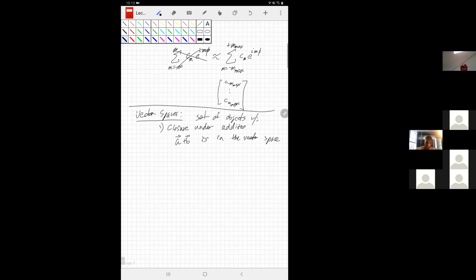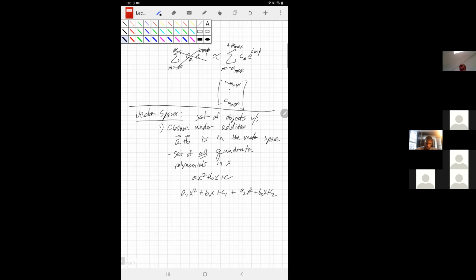And addition, now this is a little bit subtle. If I look at, say, the set of all quadratic polynomials in x, so ax squared plus bx plus c, a1x squared plus b1x plus c1 plus a2x squared plus b2x plus c2.